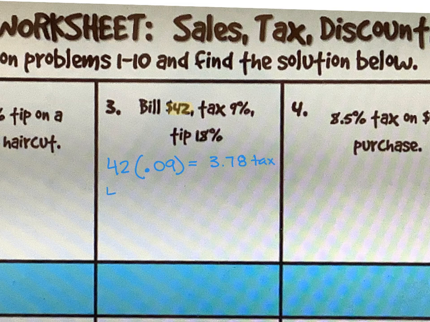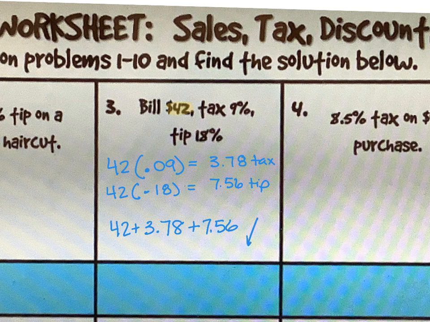We also want to calculate our tip. We do that by multiplying $42 times the 18%, which we can write as 0.18. 42 times that 18% gives you $7.56. That's your tip. To get the total, you take your original $42 and add the tax and add the tip.